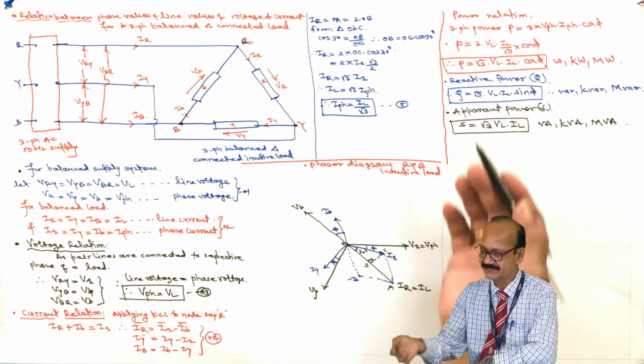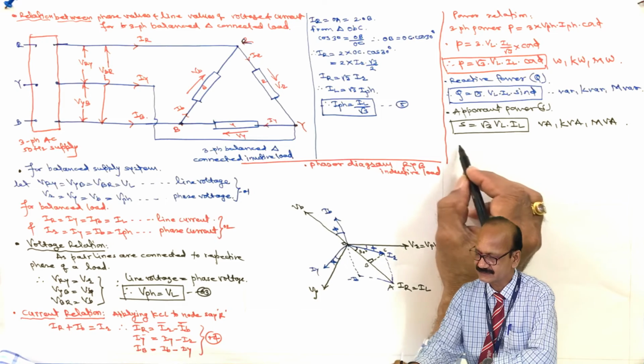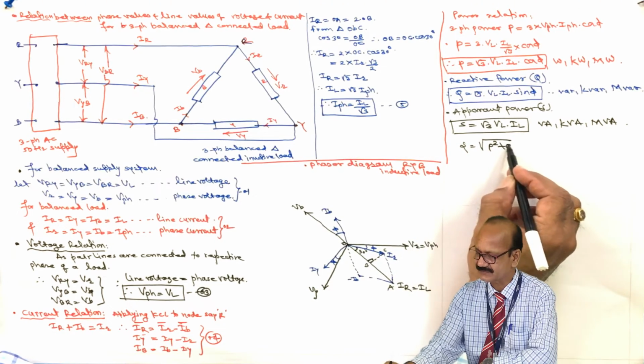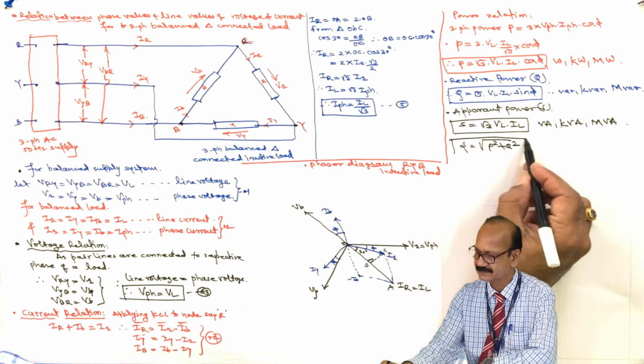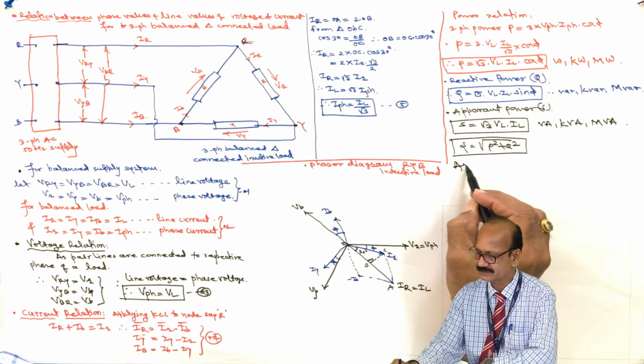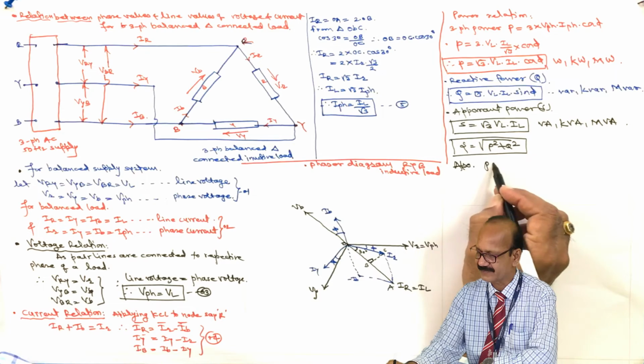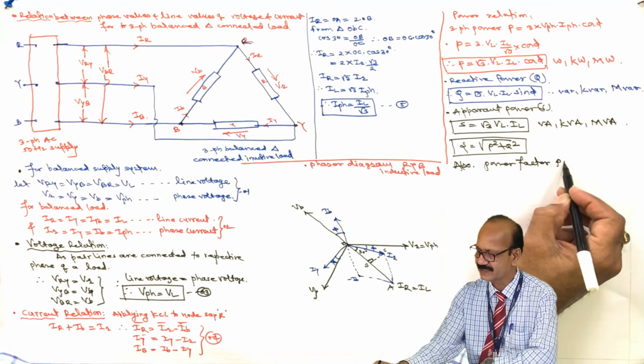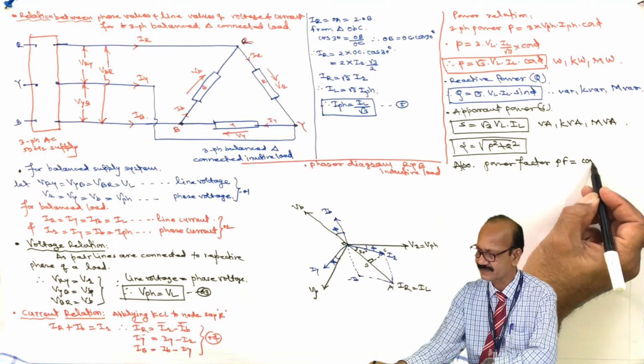Now what is the relation between these? So S equal to square root of P square plus Q square. Also power factor equal to cos phi.